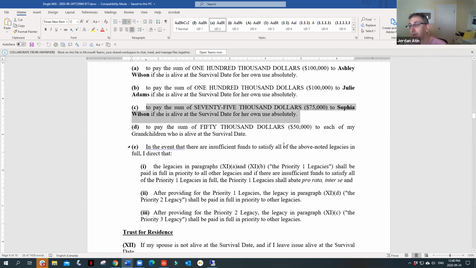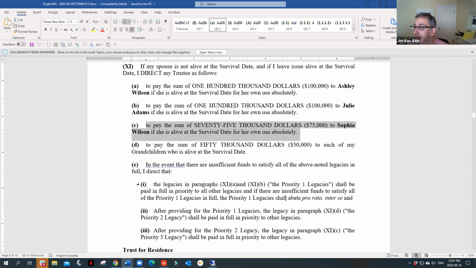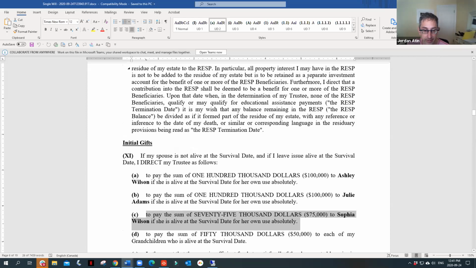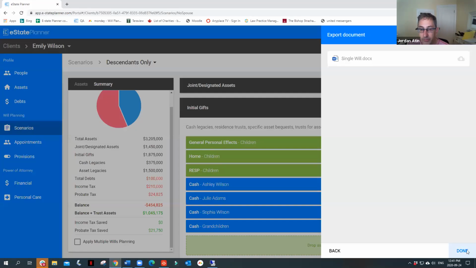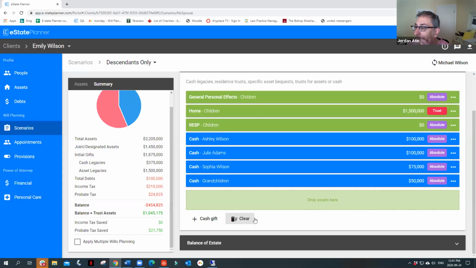So even if they don't go in the right order, this straightens out the order in the sense that it explains what gets paid in what order. And that's how the priority legacies work. So I've given you an example of how to do that.